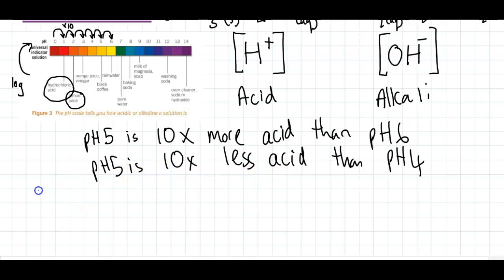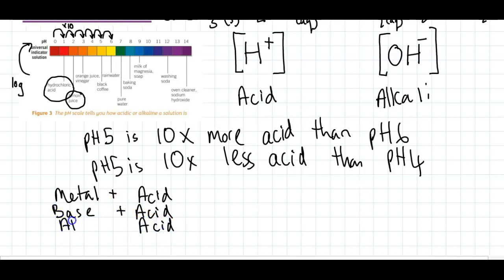So if we were looking at neutralization, we want to react things with acids. We could neutralize an acid with a metal on its own. We can neutralize an acid with a base, a metal oxide. We can neutralize an acid with an alkali, a metal hydroxide. And we can neutralize an acid with a metal carbonate, like limestone.